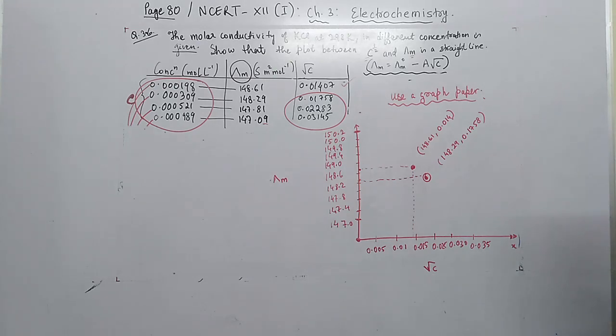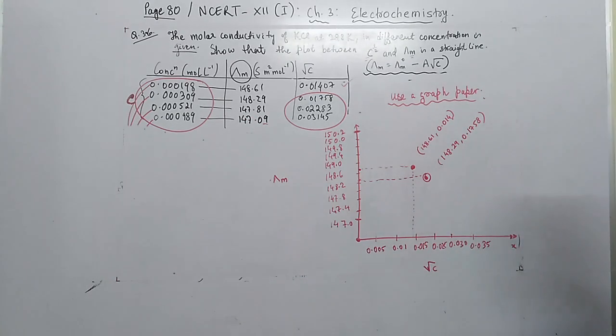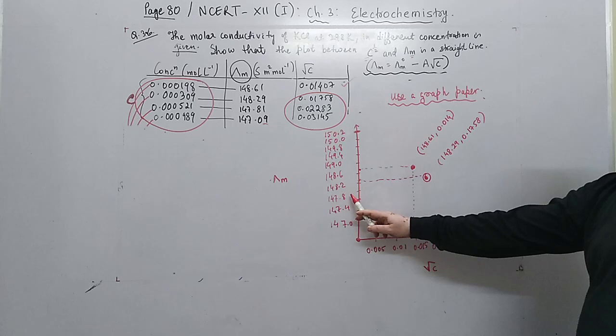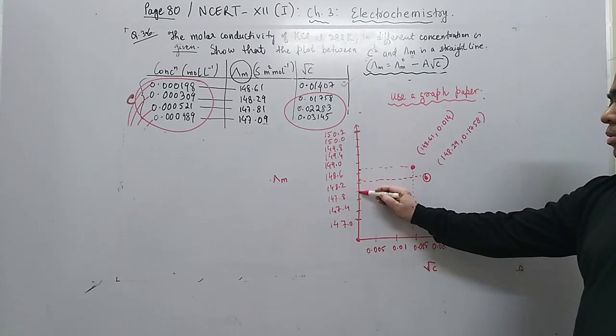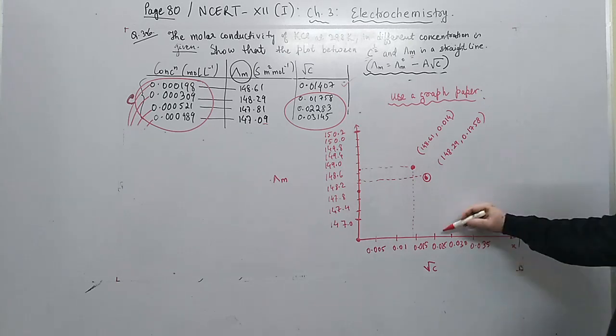Then next is 147.8. Yes, very much this value, and 0.022 would be somewhere here.